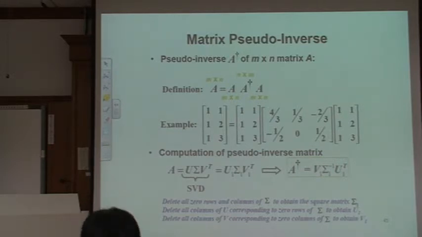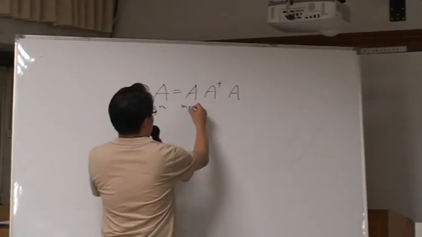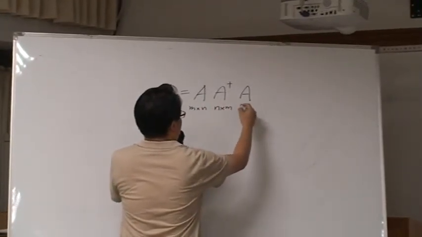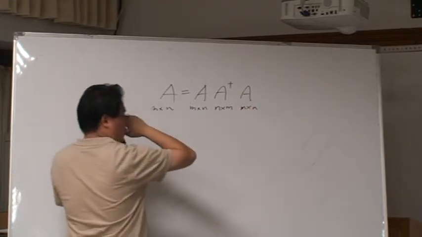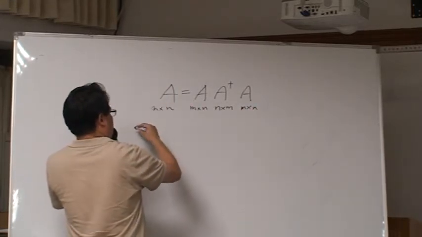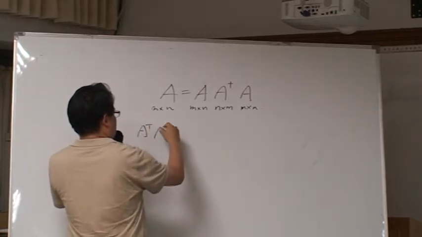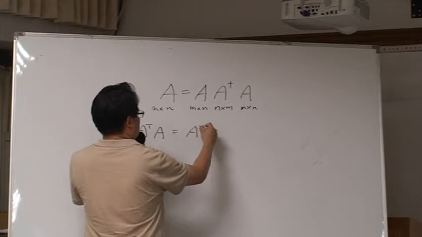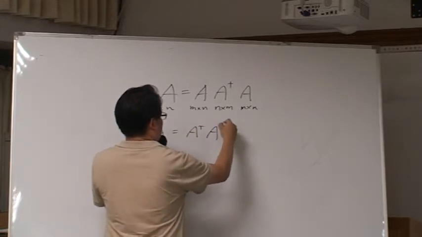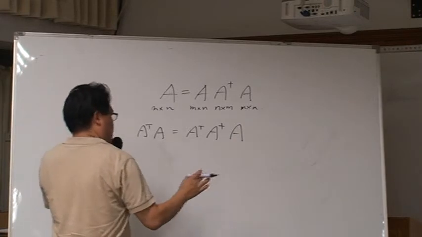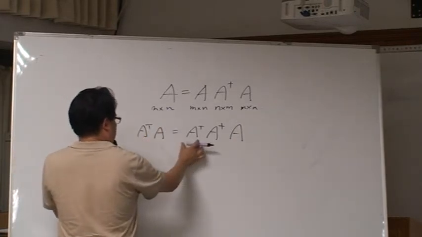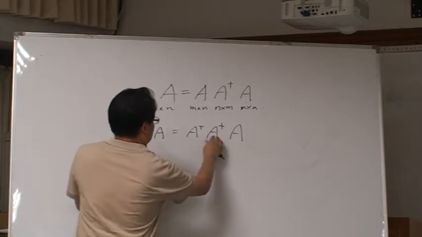Okay, so what can we do? Remember the first one is M times N, then N times M, then M times N. So if we multiply both sides by A transpose, sorry, I was missing A here.